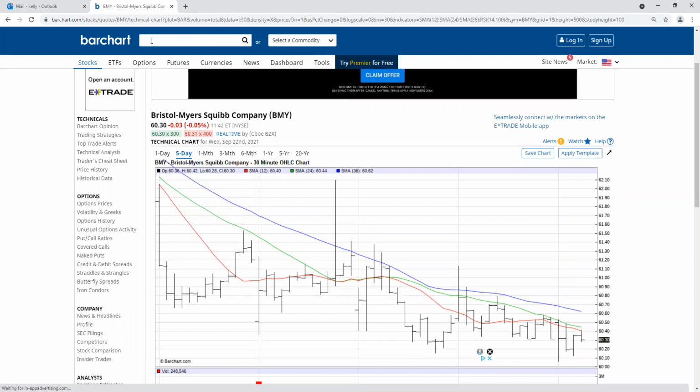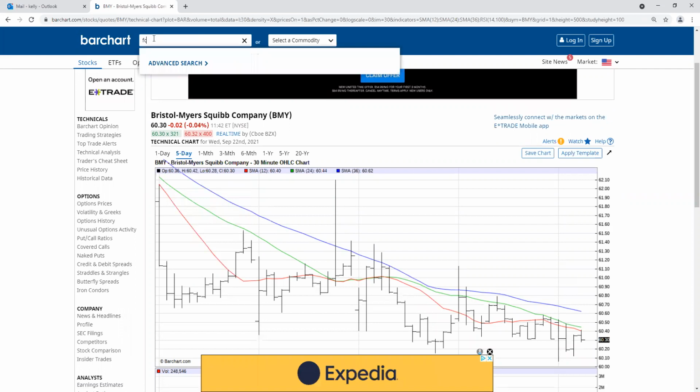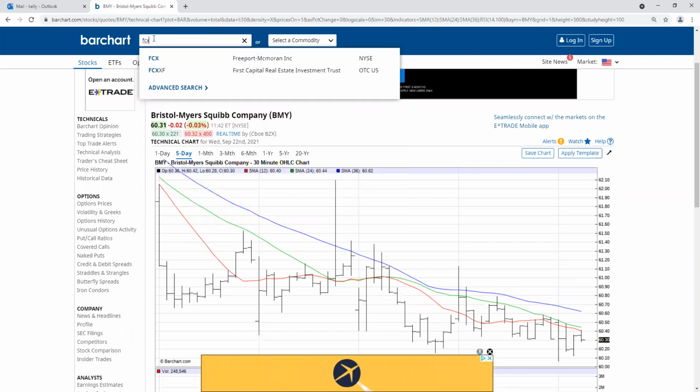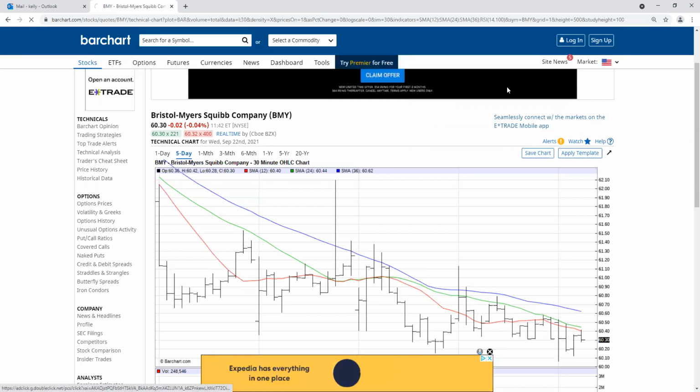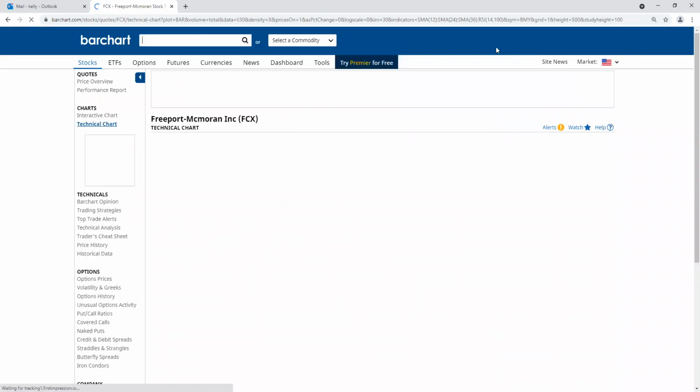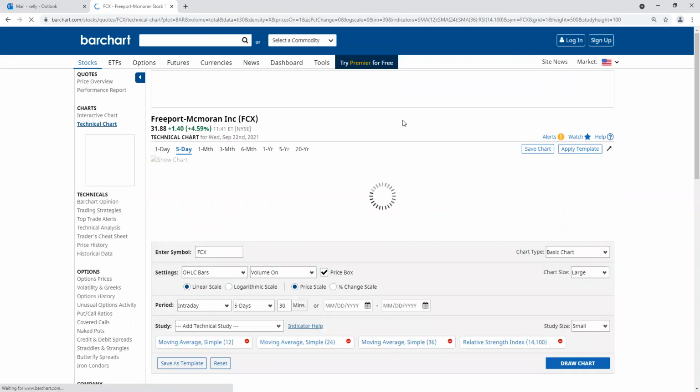There was some unusual option activity and that's another thing to obviously use as news. So let me give you that on Freeport-McMoRan. Somebody's buying the heck out of December 33 and 40 call spreads. Let's see why they would be doing that.